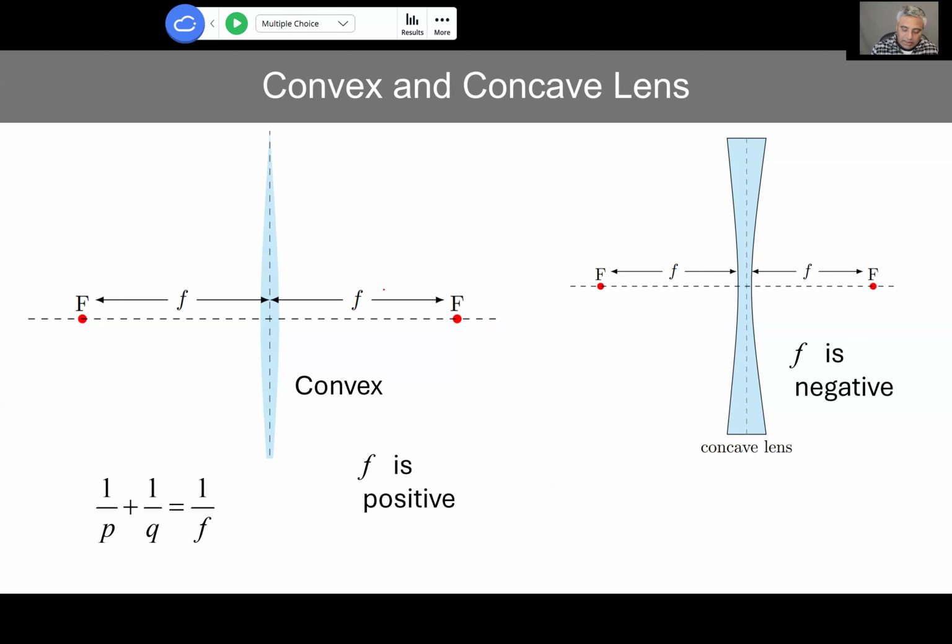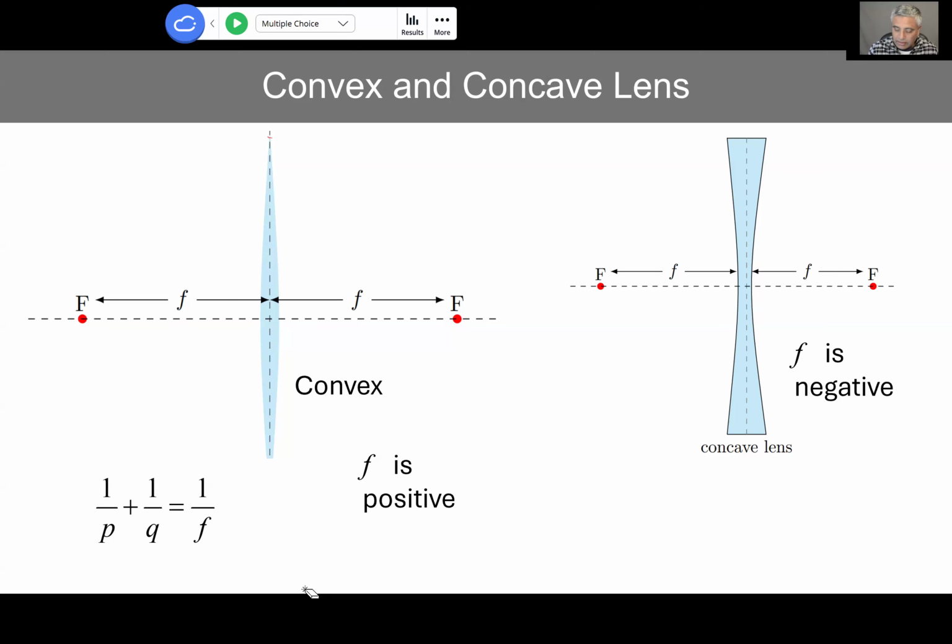So with the lens, you can pass light from this side and light comes out the other side. Light going from this side comes out that way, so in that sense it is different from a mirror. With a mirror, light has to reflect, right? Light has to reflect, because there is this coating that doesn't allow light to pass through.